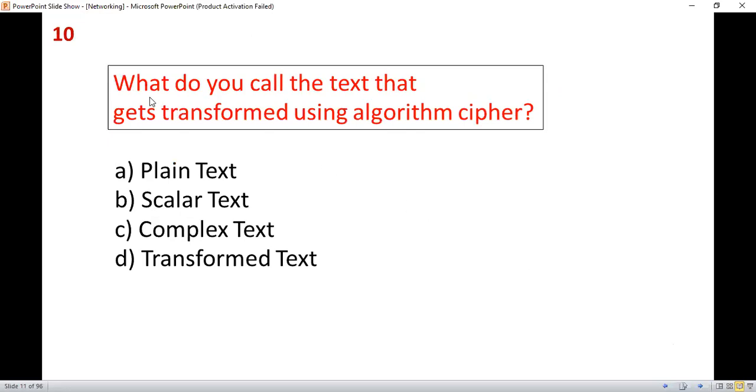The next question is, what do you call the text that gets transformed using a cipher algorithm? What will be the answer for this question?